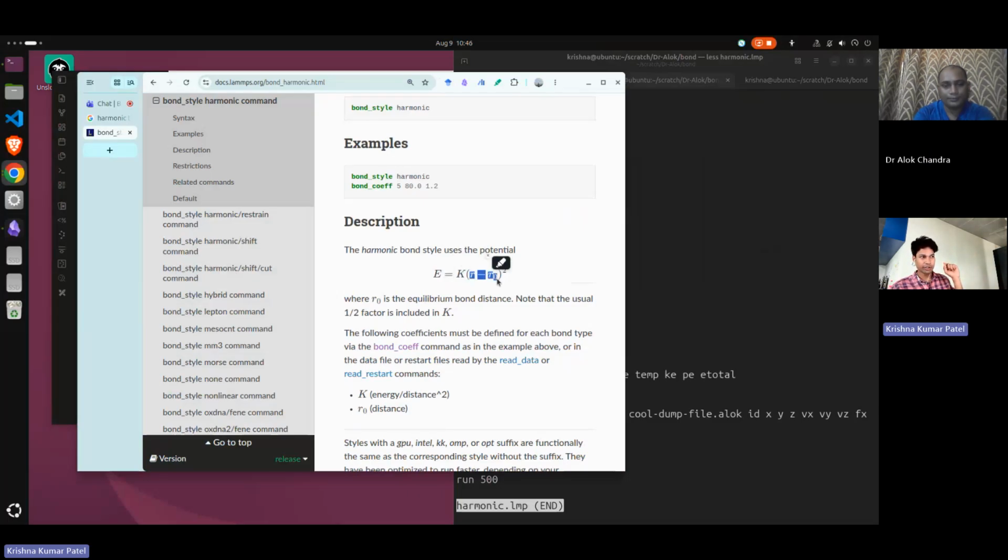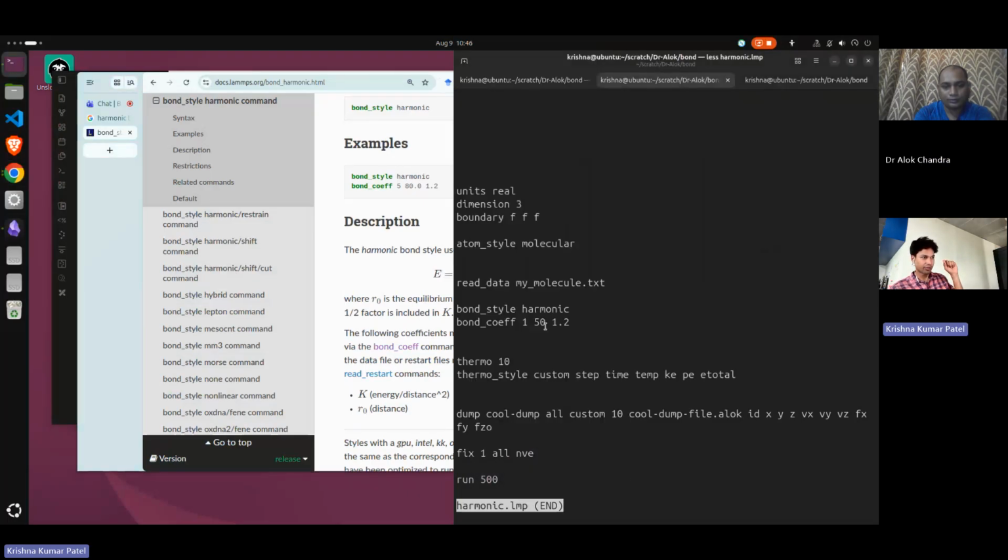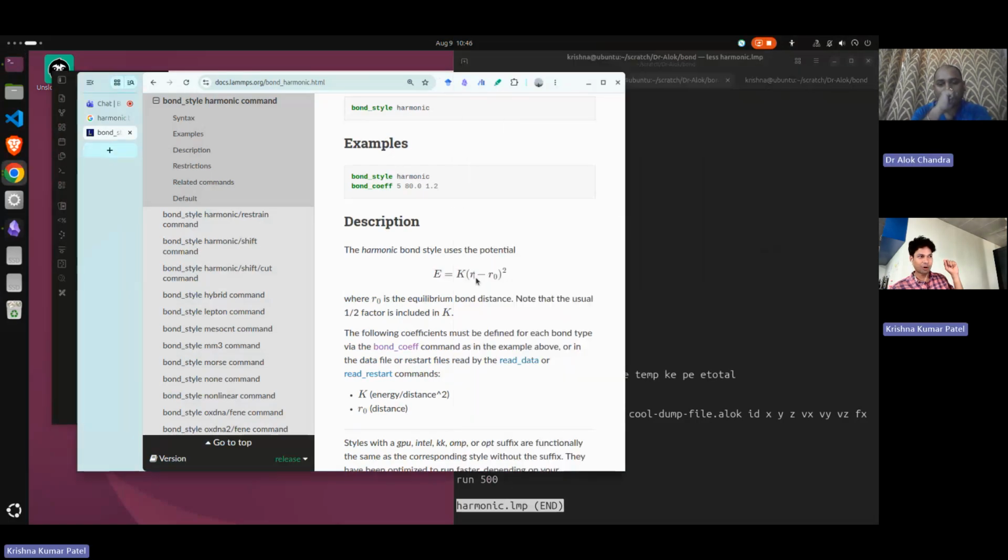R naught is 1.2, already specified in your LAMMPS file, and the K value you have specified to be 50. So all you need from the trajectory file is the Euclidean distance at any given frame, and you just plug in the R naught and K value and plot that. You will get that same thing.